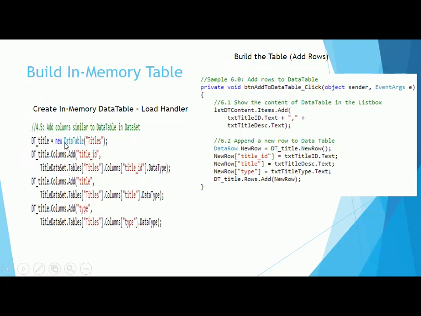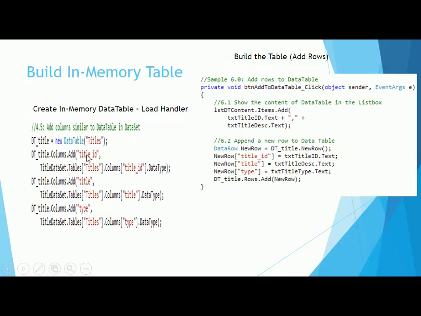So we are creating a new data table. If you remember, this is one of the variables we declared as global, that means the class instance level variable, which is private. Then we are adding columns to this table. The columns are title ID, title, type.